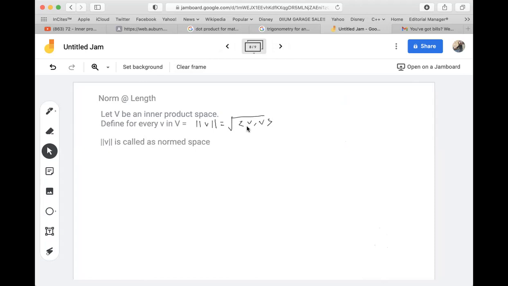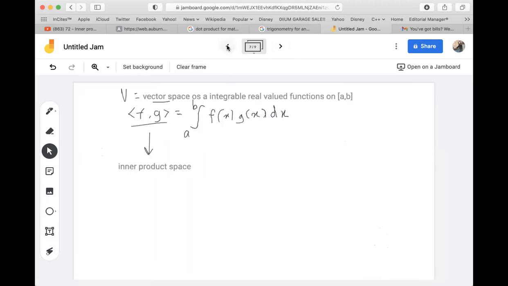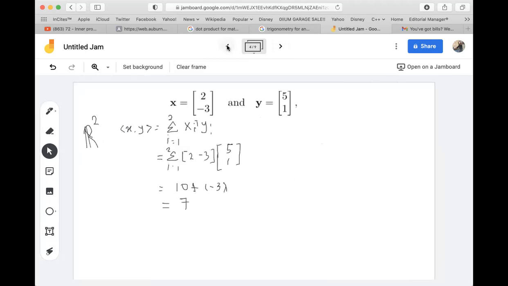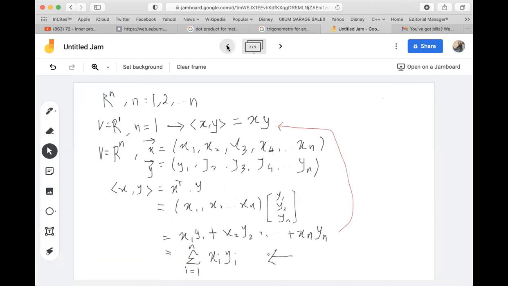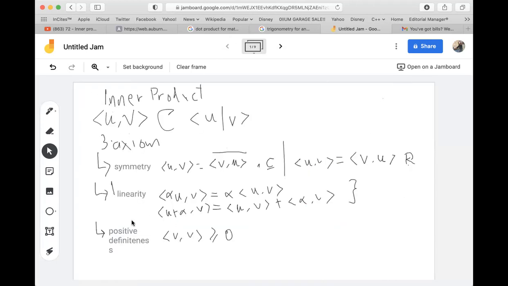The third axiom just now mentioned that the inner product of vector V is greater or equal to 0. This is the positive definiteness. So remember, norm is length. You will never ever get length to be negative.